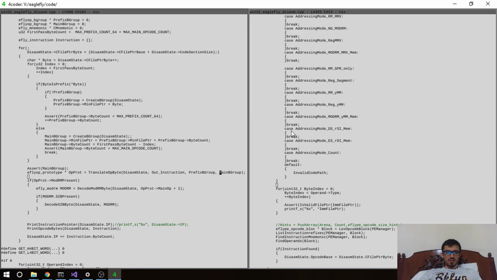Okay, so yeah, I want to pass the pointer because I want to modify here as well, so the range gets a little bit better encoded.